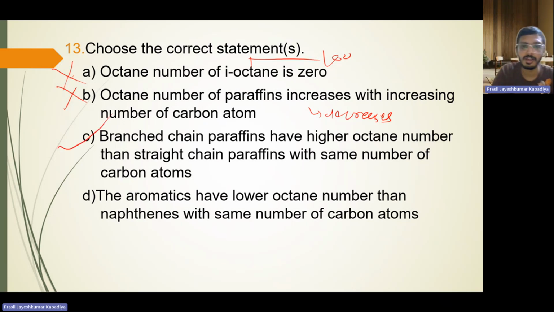This is absolutely correct. And the next part is aromatics have lower octane number than naphthenes with the same number of carbon atoms. This is not lower, this is higher. So our correct answer is option C, that branched chain paraffins have a higher octane number than straight chain paraffins with the same number of carbon. If we see octane and isooctane, for isooctane it is higher compared to octane.